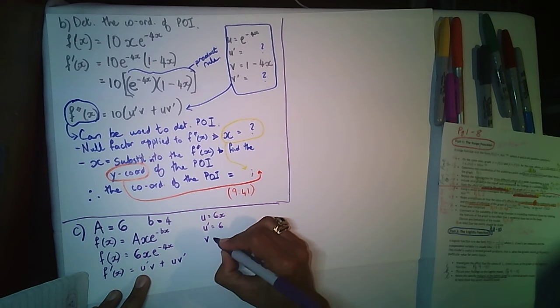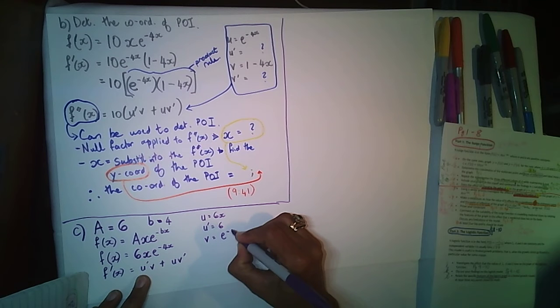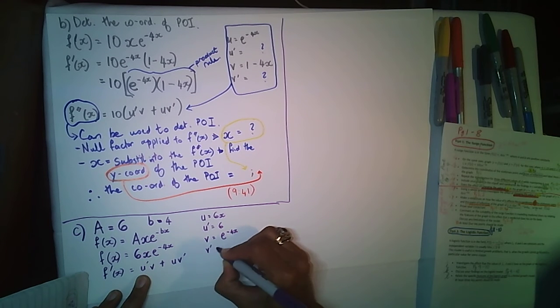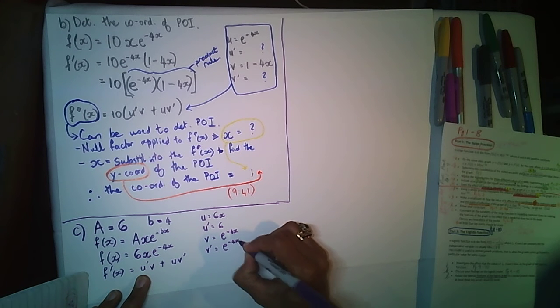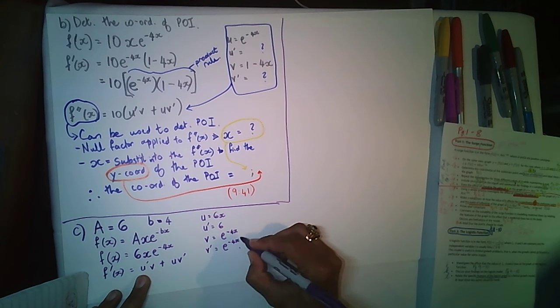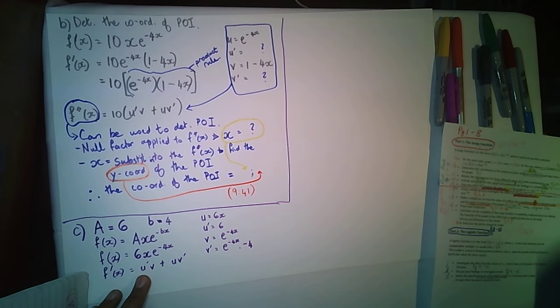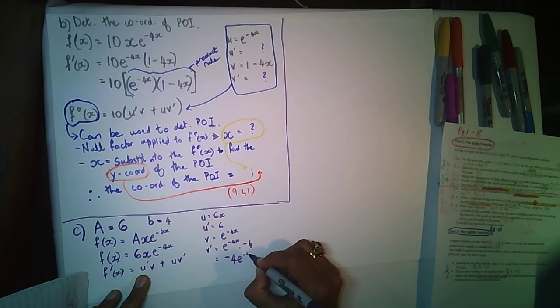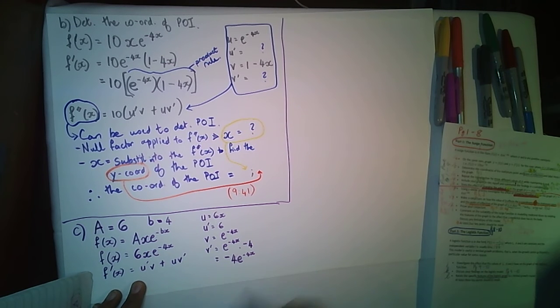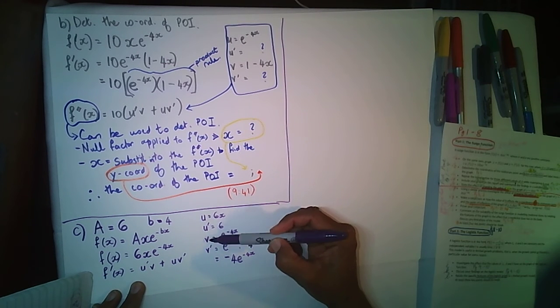If you've identified v as e to the power minus 4x, then v dash is going to end up being e to the power minus 4x times the derivative of the exponent, which happens to be negative 4. And just like I said to you earlier on, when you simplify this derivative of e, you multiply it out and you end up with negative 4e to the power negative 4x. So that will end up being your v dash.